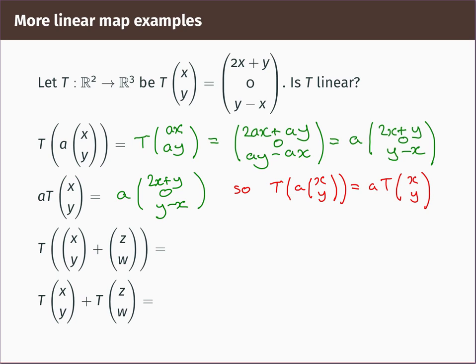So T of (x, y) plus (z, w) is T of (x plus z, y plus w). And if we look at our definition, what that is is 2 times (x plus z) plus (y plus w), and then 0, and then y plus w minus x minus z.